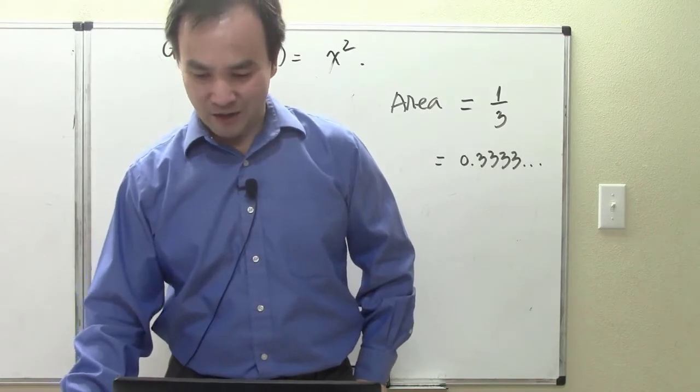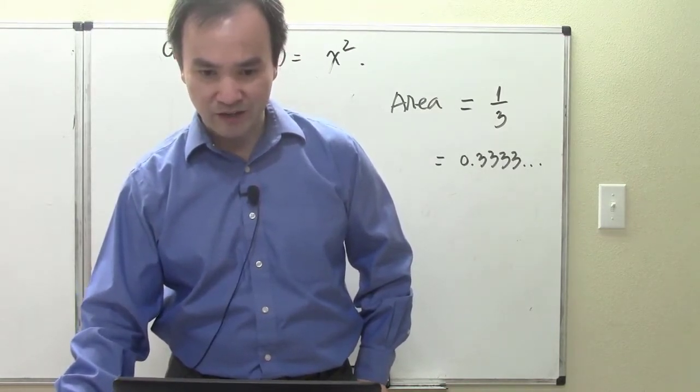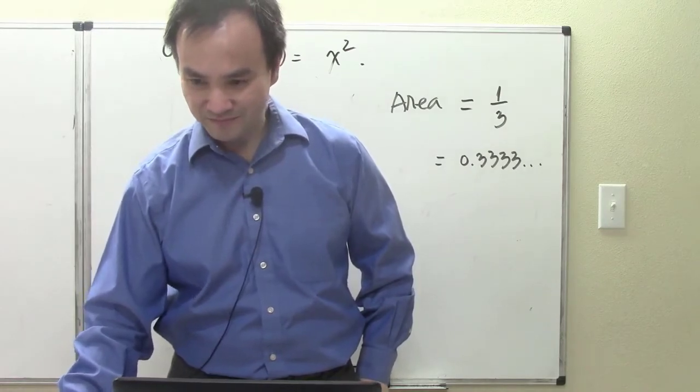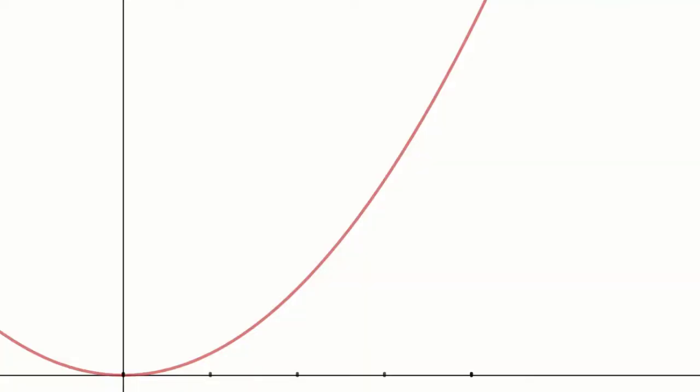And so let me quickly prepare my screen on the computer here. All right, so here we go. Same graph, same partition for now. We broke the interval from 0 to 1 into 4 subintervals.